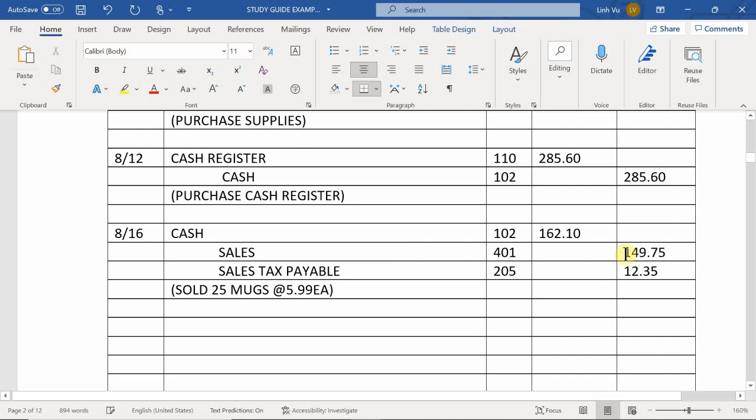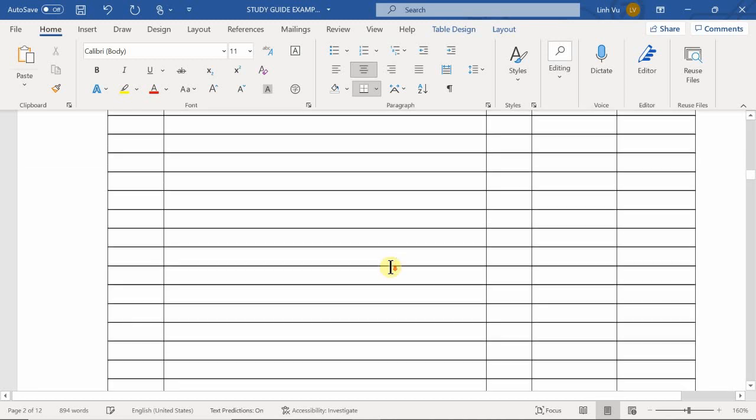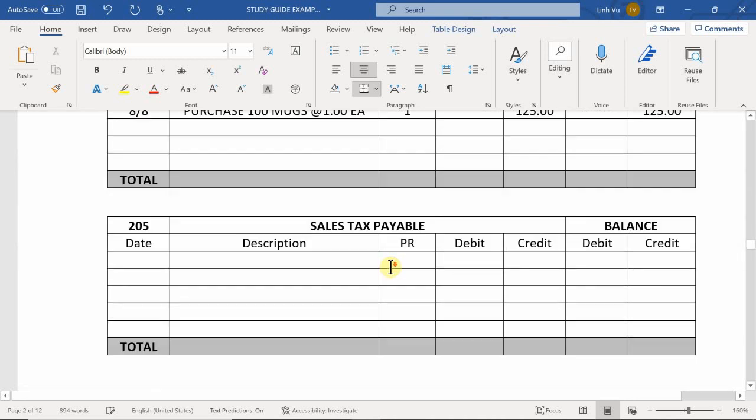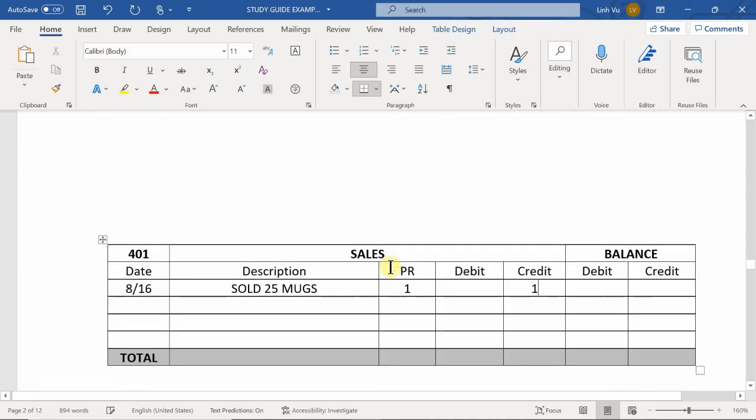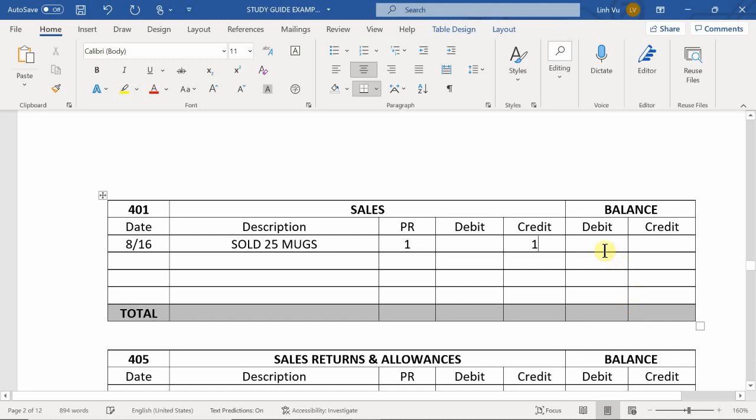That's right. And then we charged sales tax. So we have 149.75 for the sales.